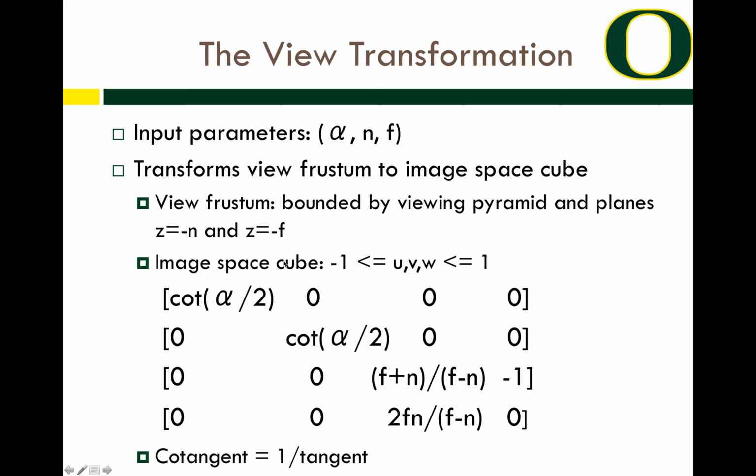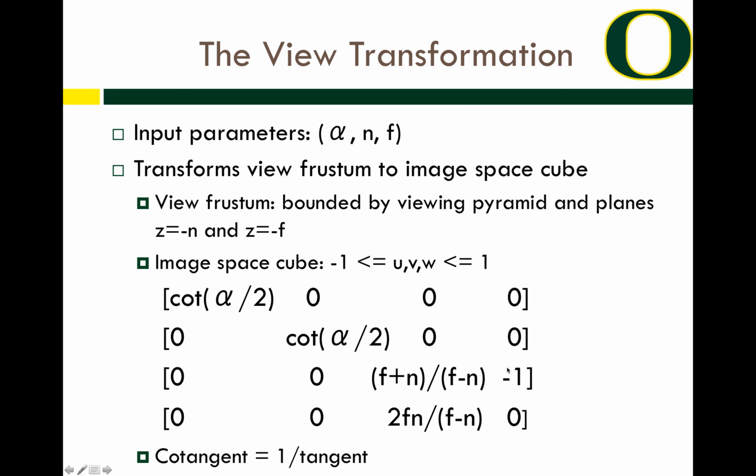And so for the x and y portion of the matrix you've got cotangent of alpha over 2, and then you've got these other terms: for the second row, f plus n divided by f minus n; for the third row, second column, 2fn divided by f minus n.